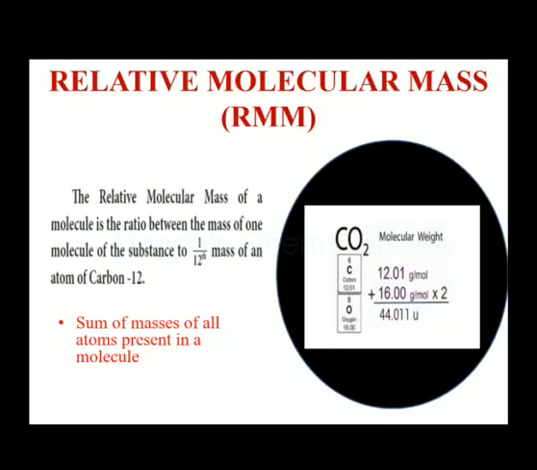So 16 into 2, how much do you get? 32. So 32 plus 12, approximately you get 44.011 amu or u. So you simply add the atomic masses of the elements present in the compound or molecule to get the molecular mass of that molecule.